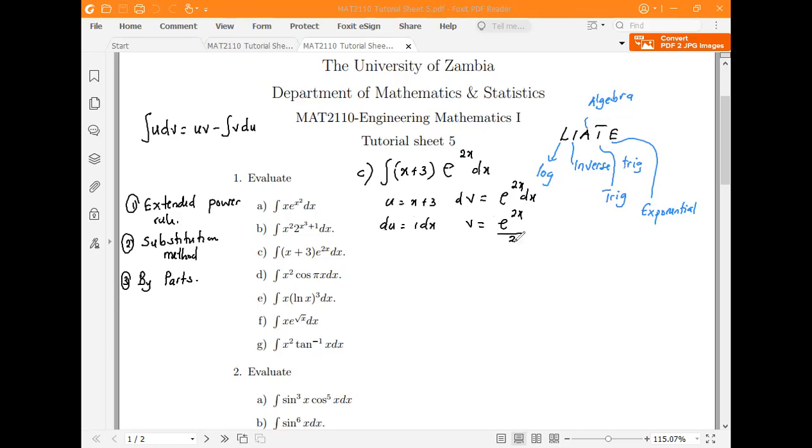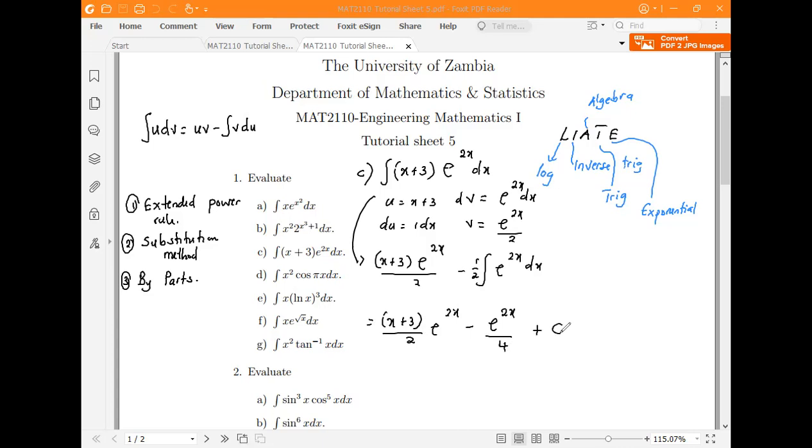Let's see. If you combine them, the integral now becomes uv, that is (x plus 3) e^2x over 2, minus the integral of v du. So we have the integral, we put the 2 outside, e^2x dx. What are we getting? We're getting (x plus 3) over 2 times e^2x minus e^2x over 4.